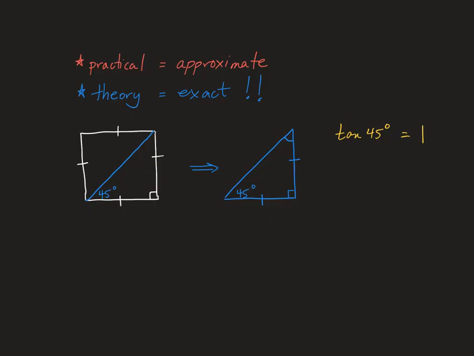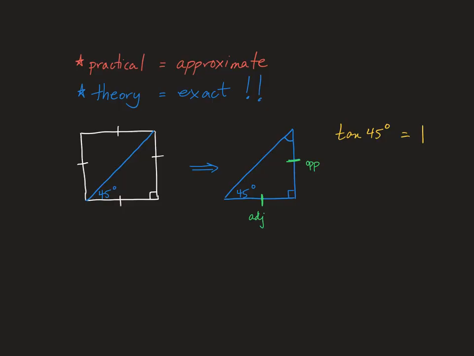Because this one shorter side is equal in length to the other shorter side, when I calculate my opposite divided by my adjacent for that 45 degrees, I'm always dividing by the same thing. And any time that I have a fraction where my top is equal to my bottom, I have a value of 1.